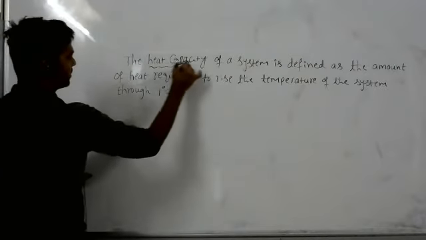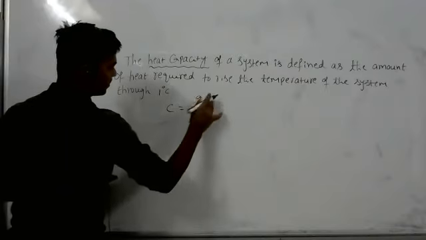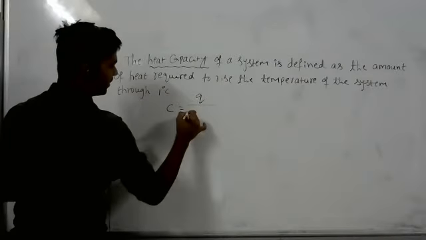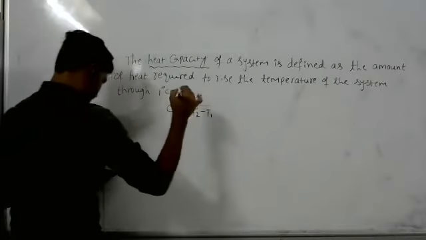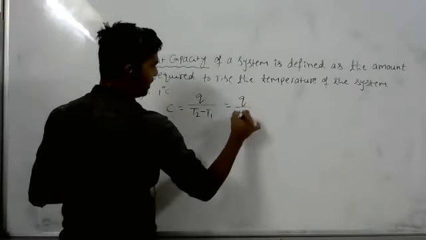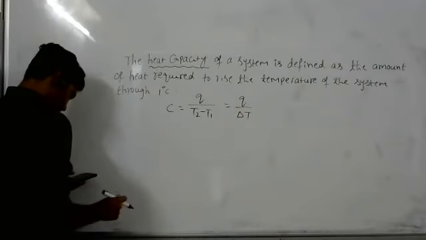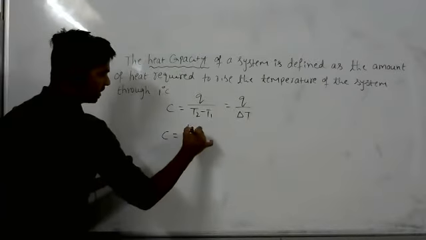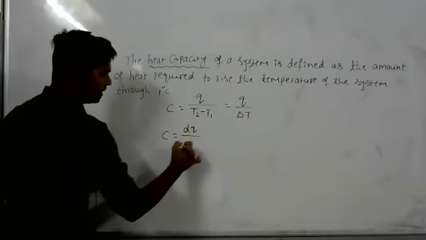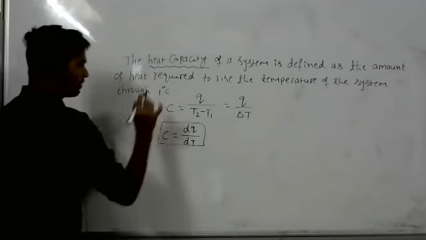So this is heat capacity. Formula: C is equal to Q by T2 minus T1. So we can modify this as Q by delta T. So another way we can write, heat capacity is equal to small amount of heat supplied to a system dQ divided by small change in the temperature dT. So all are formulas only.